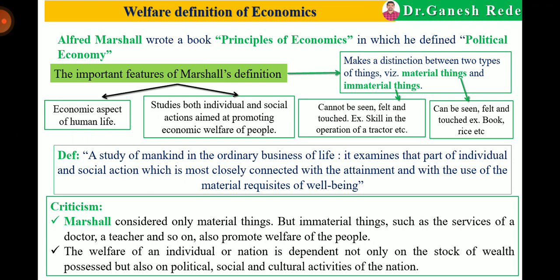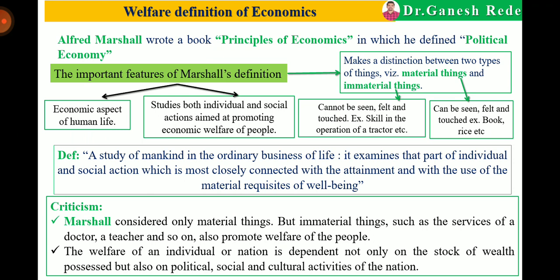So Alfred Marshall never thought about services, the immaterial goods. The welfare of an individual or nation does not depend only on the stock of wealth possessed but also on the political, social and cultural activities of the nation. That is again criticism of the welfare definition of economics.